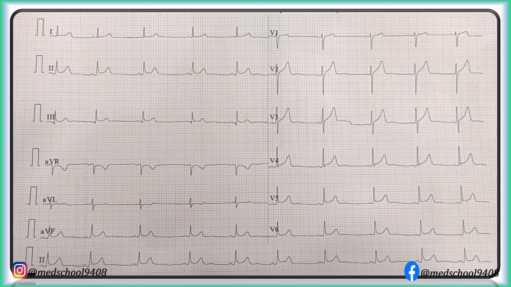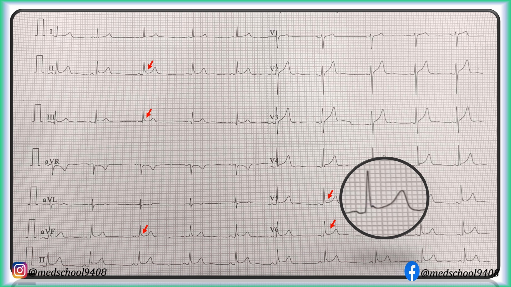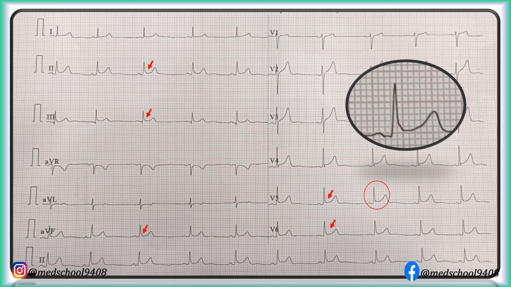There is ST elevation in lead 2, 3, aVF, lead V5 and V6. But this ST elevation has concavity upward with J point elevated. If we look closely, there are small positive deflections just after the J point, which are nothing but J waves. In lead V6, ST elevation at the J point is 1 mm, while T wave amplitude is 3 mm.